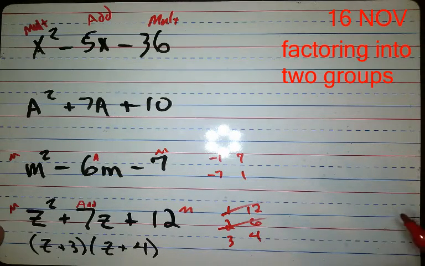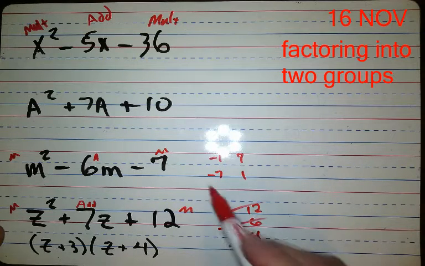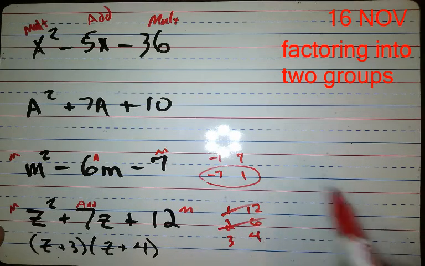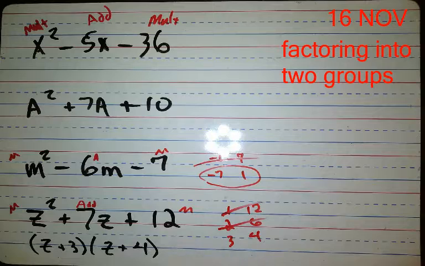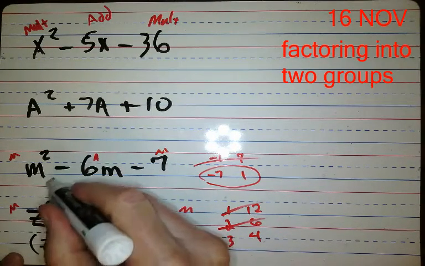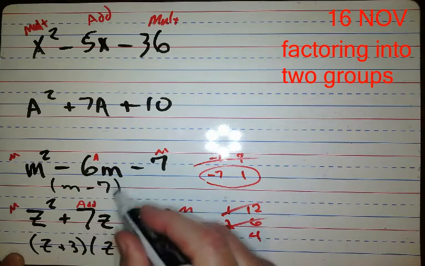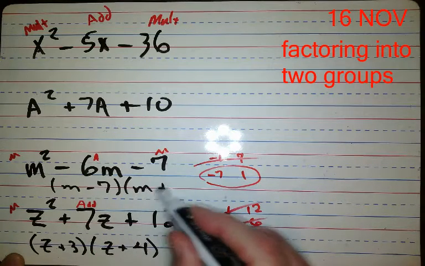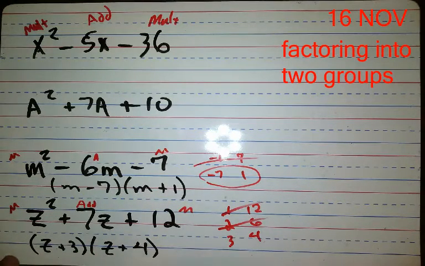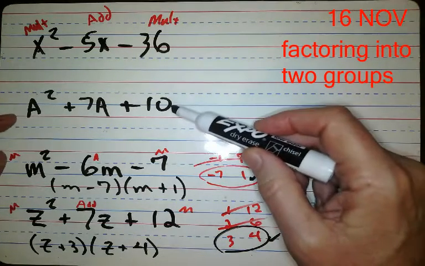Now, do you know which one adds up to be negative 6? Yeah, this one adds up to be negative 6. That one adds up to be positive 6. We don't want that. So the correct answer would be m minus 7, and then m plus 1. There you go. We did it. Okay, let's do this one.